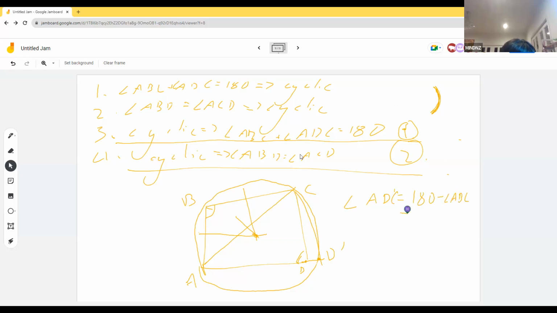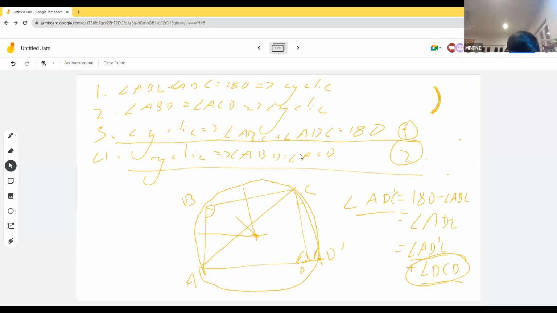But that's also equal to ADC. But then, because we have a triangle here, angle ADC is equal to angle AD dash C plus angle DCD dash. But we have this here, so this must be 0. So D dash and D must be the same point.